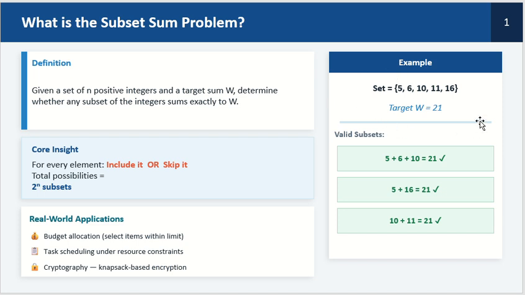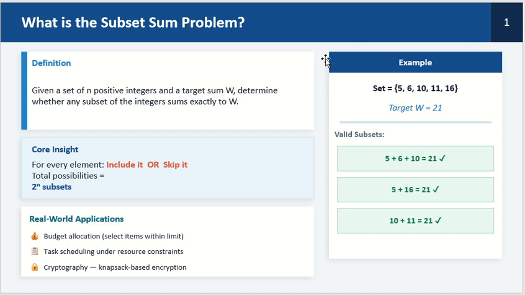There is a set which contains five numbers, that is 5, 6, 10, 11, 16. We get a target of 21 when adding these 3 numbers, or these 2 numbers, or these 2 numbers. So we have multiple ways to get this.